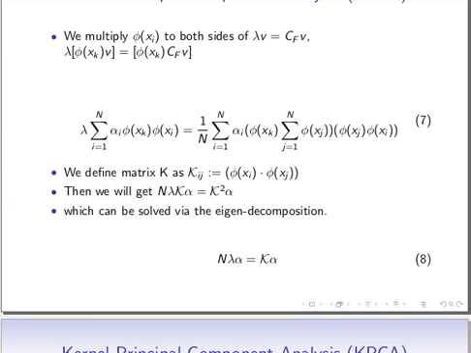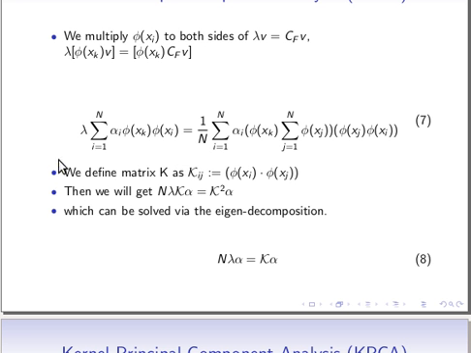Okay, in this slide, I want to see if I can add the kernel functions in the eigenproblems. So there's one trick to prove this idea. As the first step, I just multiply phi of xi on both sides of this eigen equation. So it will become this way.